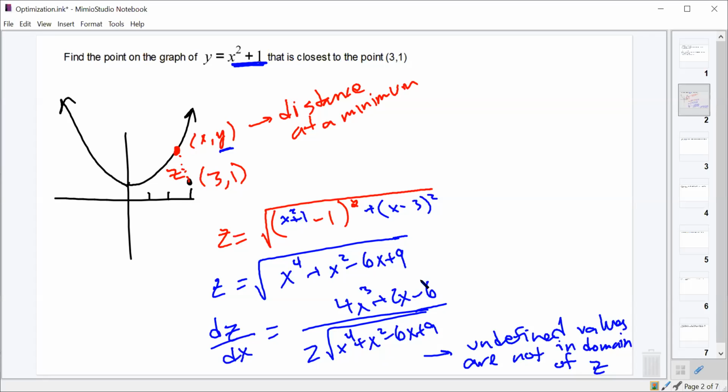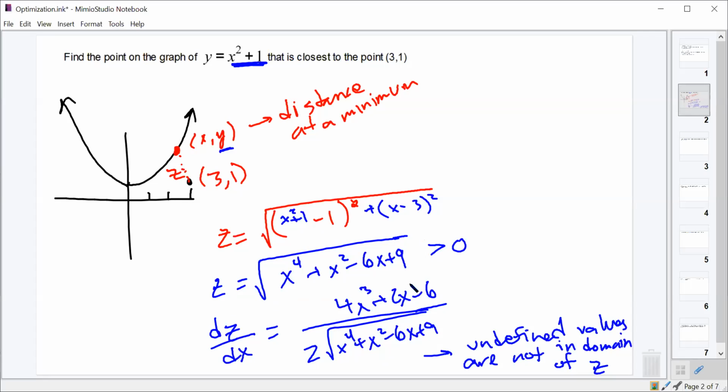And that would mean that the distance would be 0, and clearly the distance between this point (3, 1), which is not on the parabola, and any other point on the parabola can't be 0, right? So we know that this distance is always going to be greater than 0, and therefore any undefined values on it don't make any sense in the context of our problem.